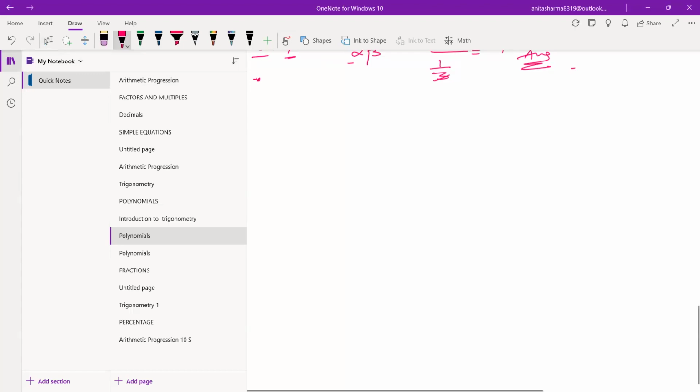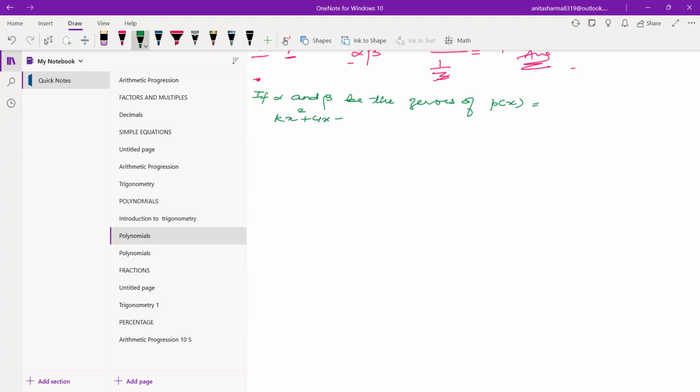If a question comes like this: if alpha and beta are the zeros of the polynomial kx square plus 4x plus 4, such that alpha square plus beta square is equal to 24, then find the value of k.